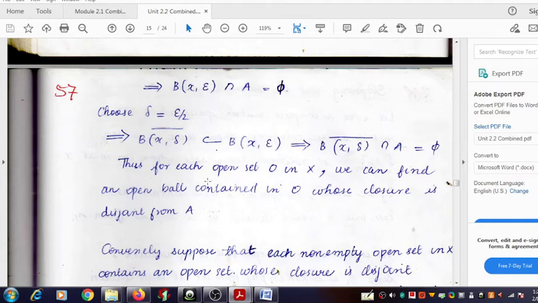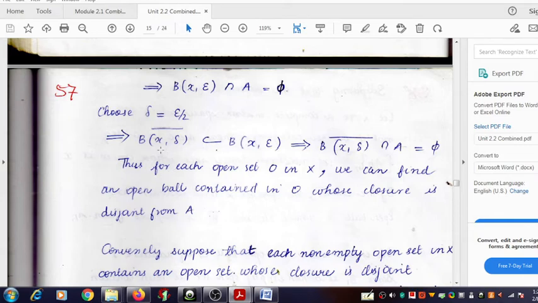Thus for an arbitrarily chosen open set O in X, we can find an open ball.